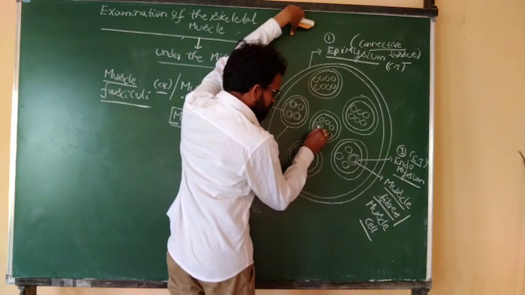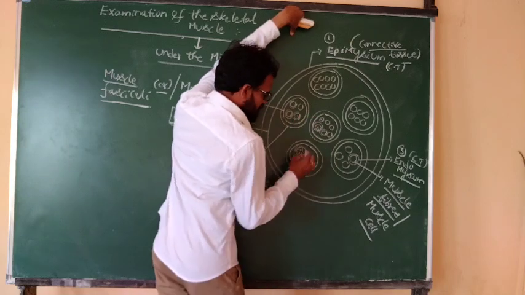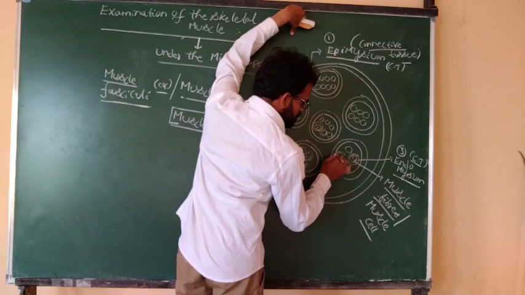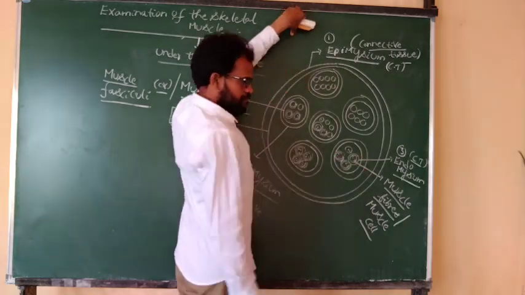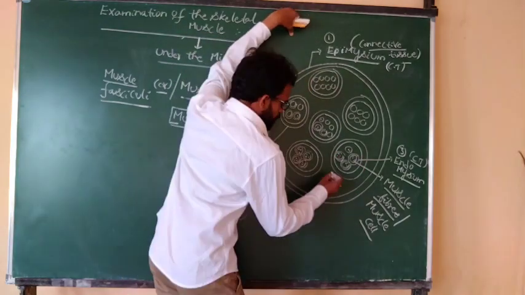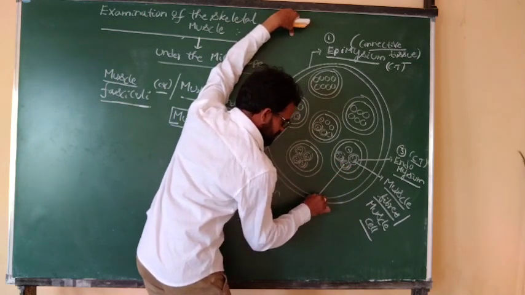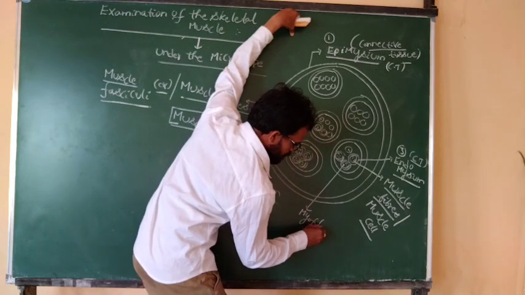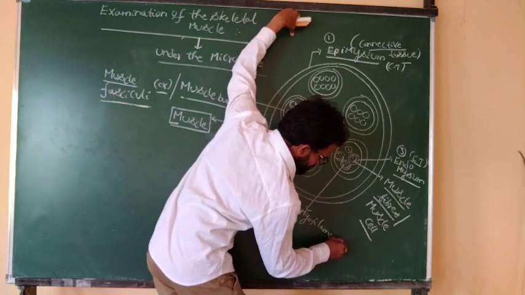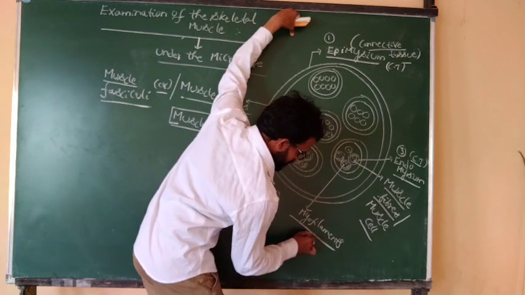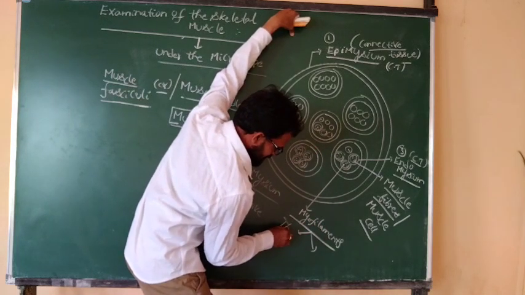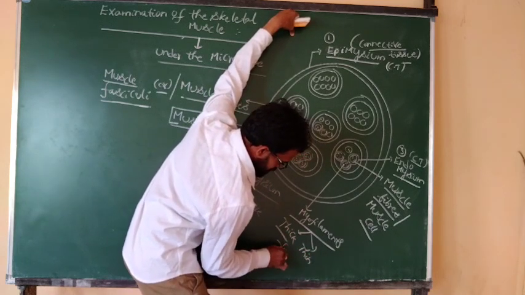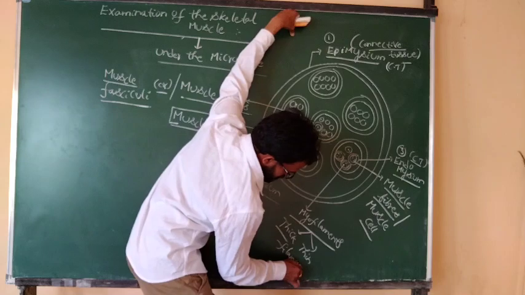Each muscle fiber consists of myofilaments, thick filaments and thin filaments.